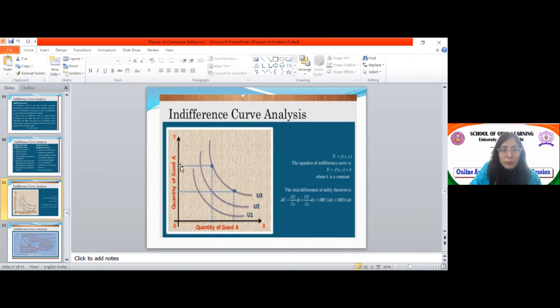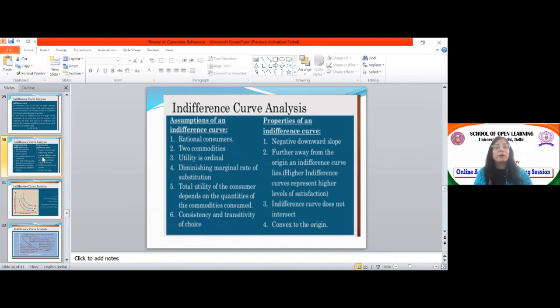Convex means, when you go back over here, if you want this much of good Y, you are getting this much of good X. But if you want more of good X, if you have to increase this good, then you have to forego this quantity of good Y. So when you are getting this much of good Y, you are getting this much of good X. When you are getting only this much of good Y, you are increasing the quantity of X. So diminishing marginal rate of substitution means that if we are having more of one good, we have to give up some quantity of another good. And slowly, our willingness to give up diminishes. We don't want to give up anything more.